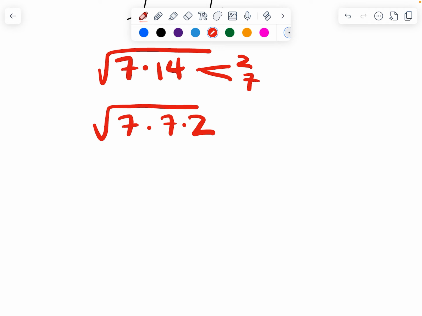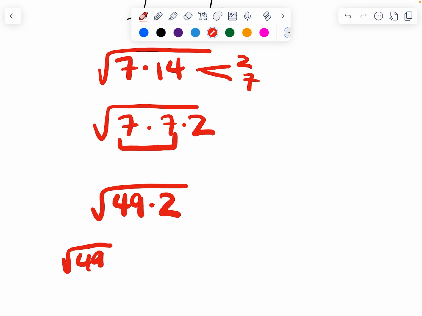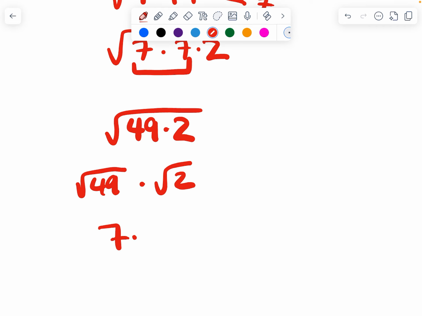No. But 7 is not a perfect square, and 2 is not a perfect square. But this right here, isn't that 49 times 2? So the square root of 49 times the square root of 2. So that would be 7 radical 2.